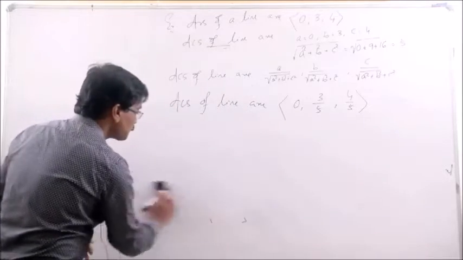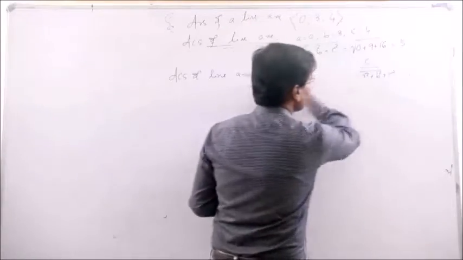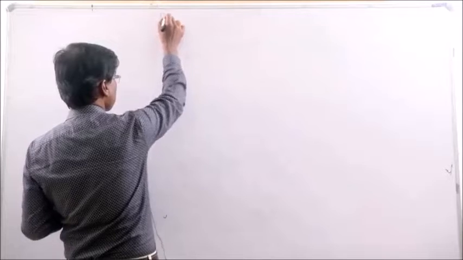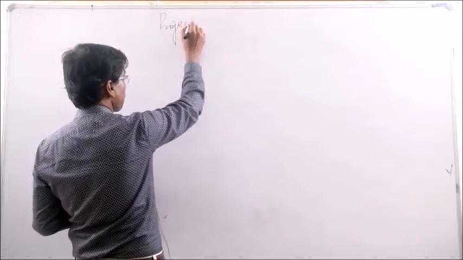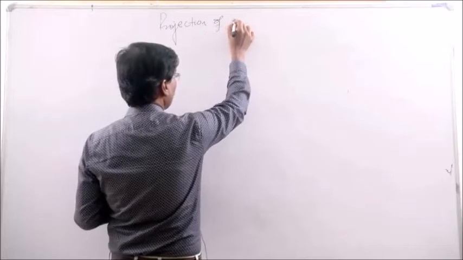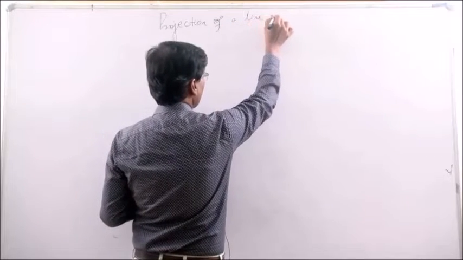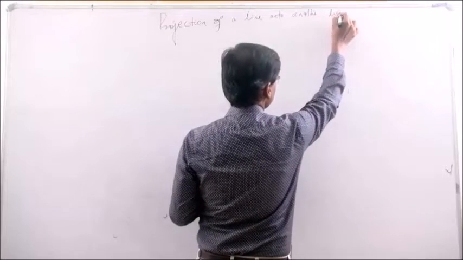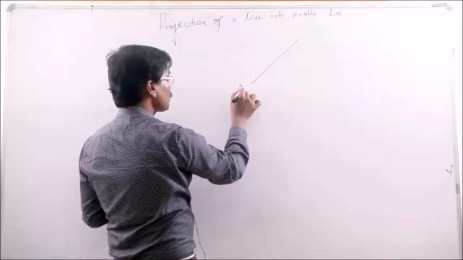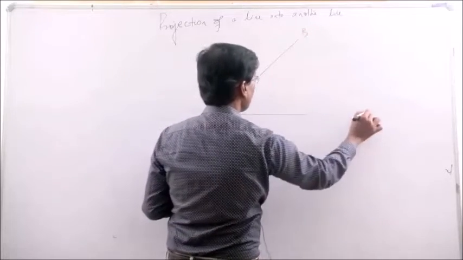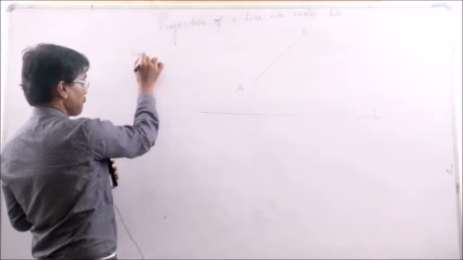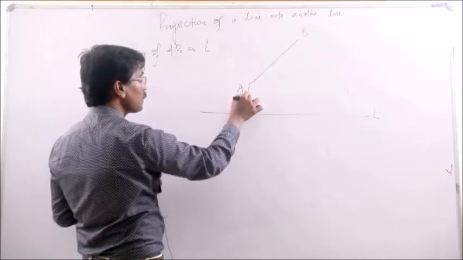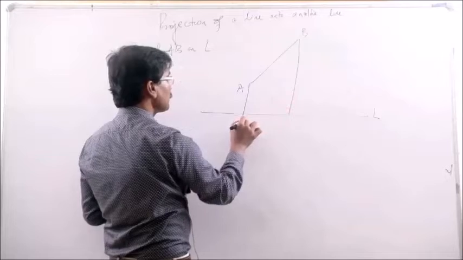Next we have projection of a line on to another line. So, projection of AB on L is its drop perpendicular, that is MN.